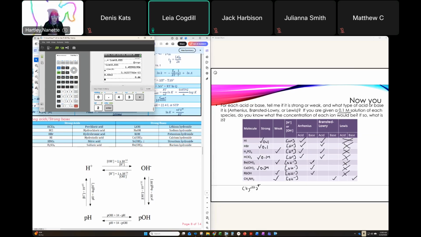I'm just confused because for certain molecules, like the bases, you said we're not listing secondary steps, but we did for the last one, like the example BeOH2. Well, the BeOH2 definitely donates an OH minus. It's just not a strong base. So it always donates that OH minus. It's just we don't know to what extent it does.